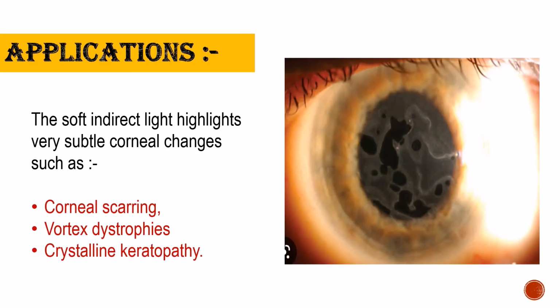The soft indirect light which is coming from this sclerotic scatter will help you to detect very subtle corneal changes like corneal scarring, vortex dystrophies, and crystalline keratopathies. Now over here in this picture you can see these corneal opacities which are getting highlighted. This is actually a case of map and dot dystrophy.